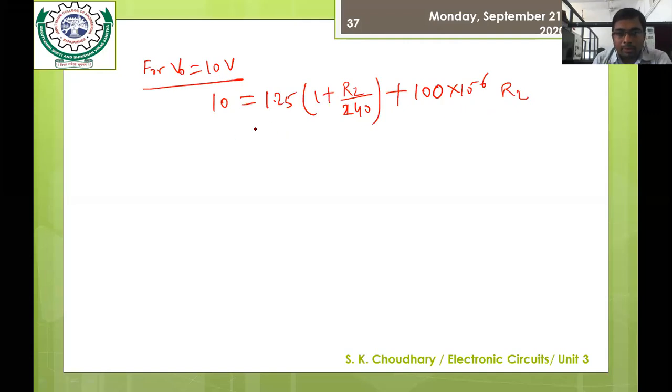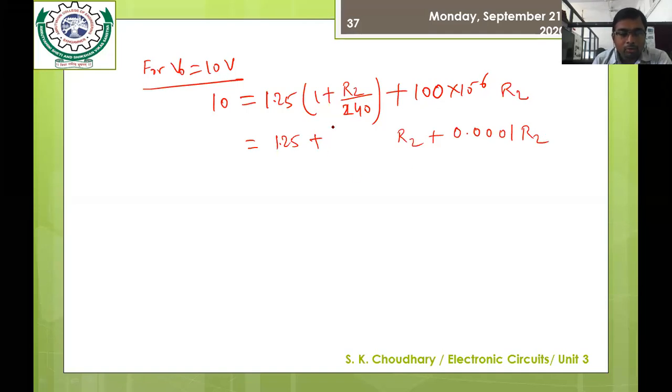Now you have to put all the values like this. Here we have to multiply 1.25 plus divide 1.25 with respect to 240. That's why I have told you to be ready with your calculators. Here 100 into 10 to the power minus 6 means 0.1031301 R2.